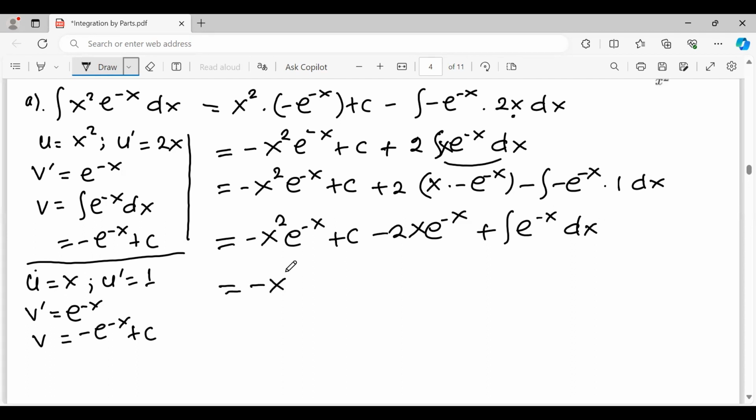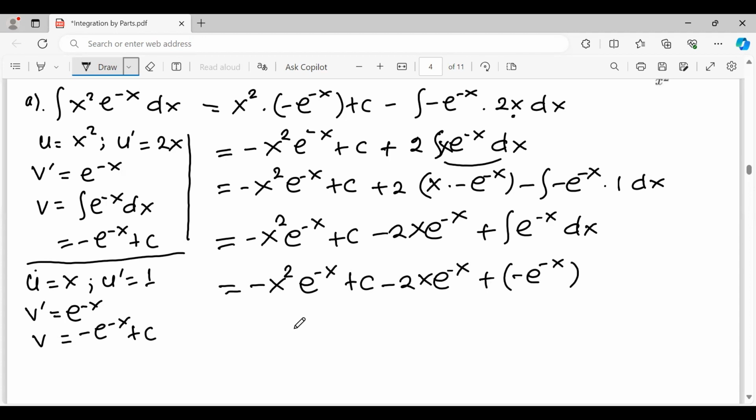So minus x squared e power minus x plus c, minus 2x e power minus x, plus the integral of minus e power minus x.